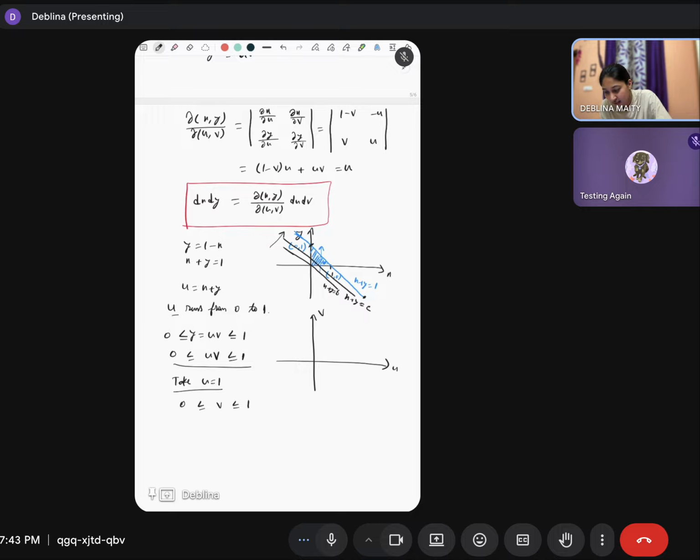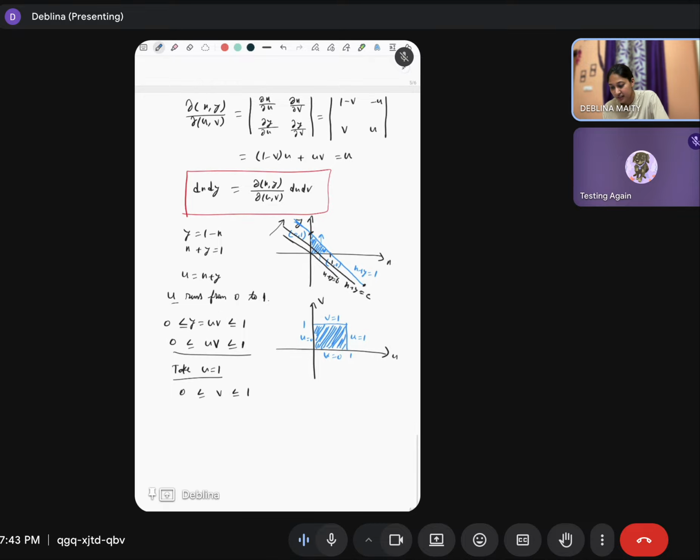So it is actually the square region: u runs from 0 to 1 and v runs from 0 to 1. So this is v equals 0, v equals 1, this is u equals 0 and u equals 1. When we change the coordinates, this triangle becomes the square, right?